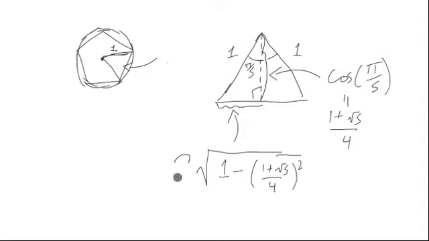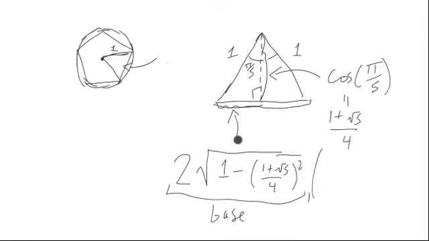If we simply double it and then multiply by the height, which is (1 plus root 5) over 4, and then multiply by a half, we get the area of that triangle.